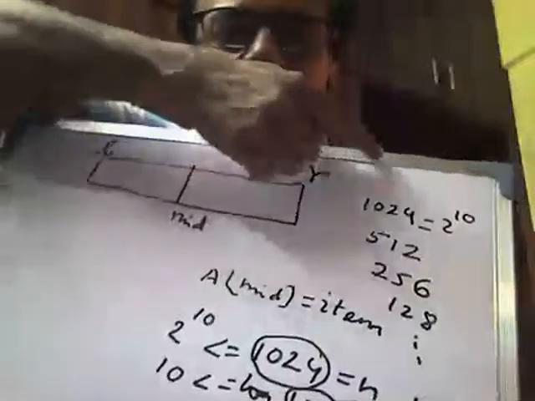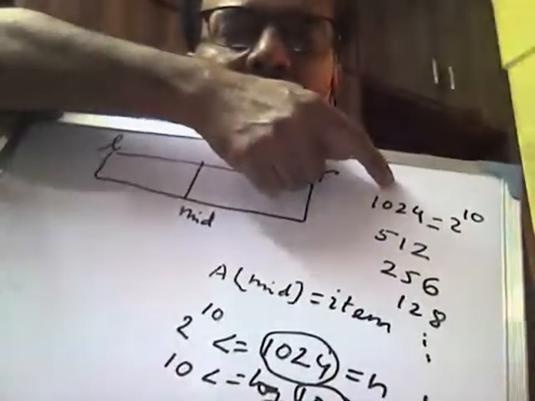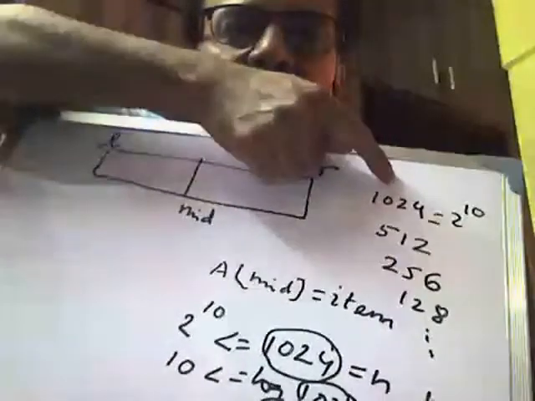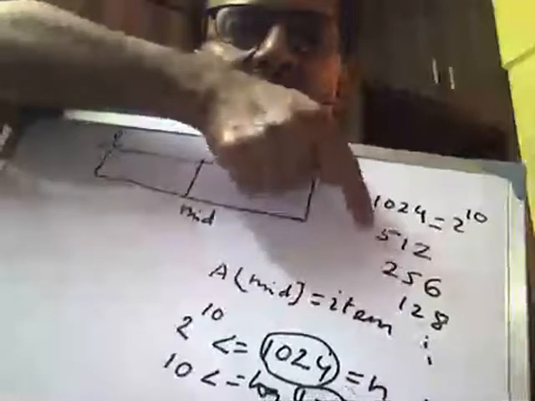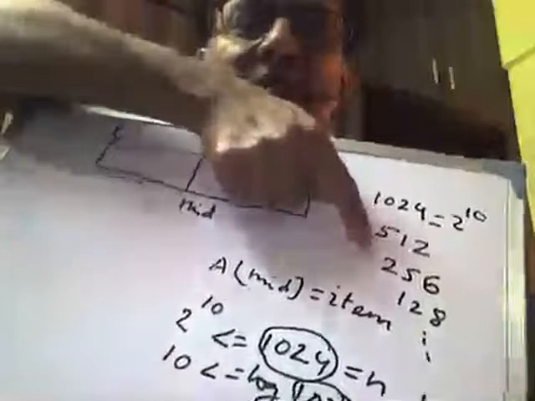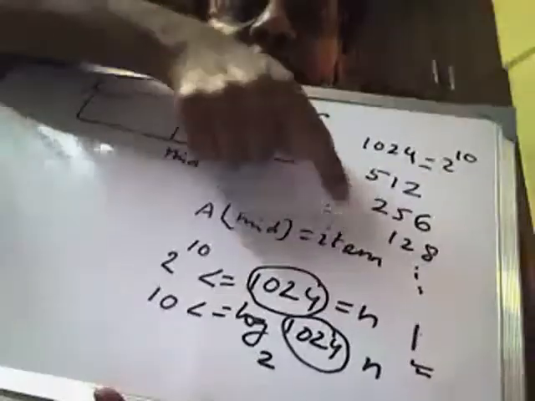So you see this. If the number of elements is 1024, then in the second step you have to search 512 elements, and in the next step it is 256, again 128.